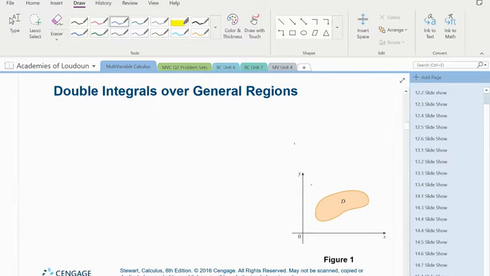So we begin by supposing that region D is a bounded region, which means that we can enclose D in a rectangular region R as shown.